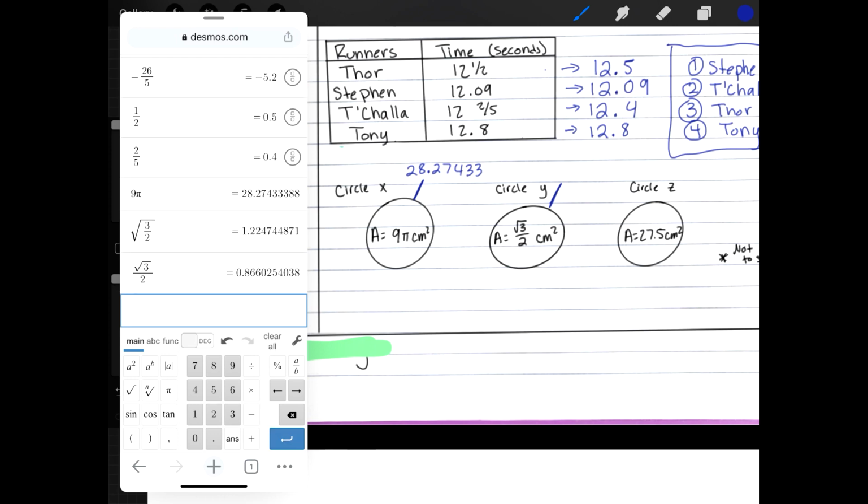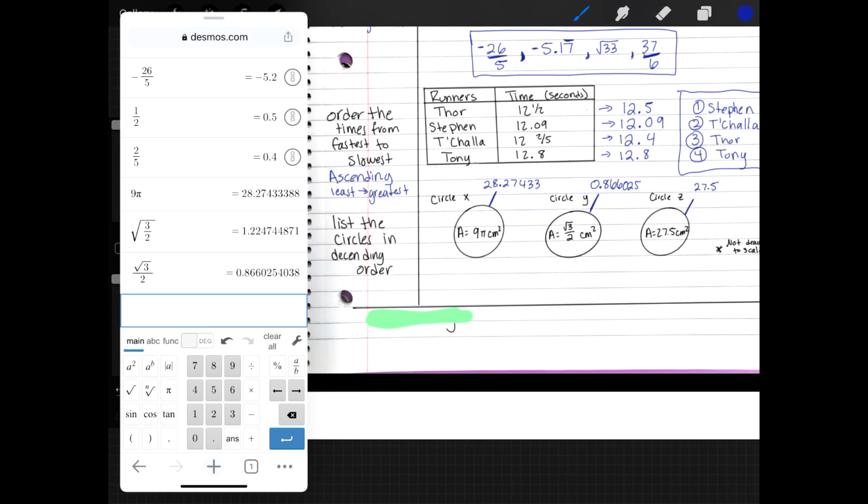Do you see the difference between those two? You have to be very careful when you have numbers like this and you want to make them into decimals. So here we have 0.866025, and then the rest is 4038. And the last one, luckily, is already in decimal form, so this one is 27.5.